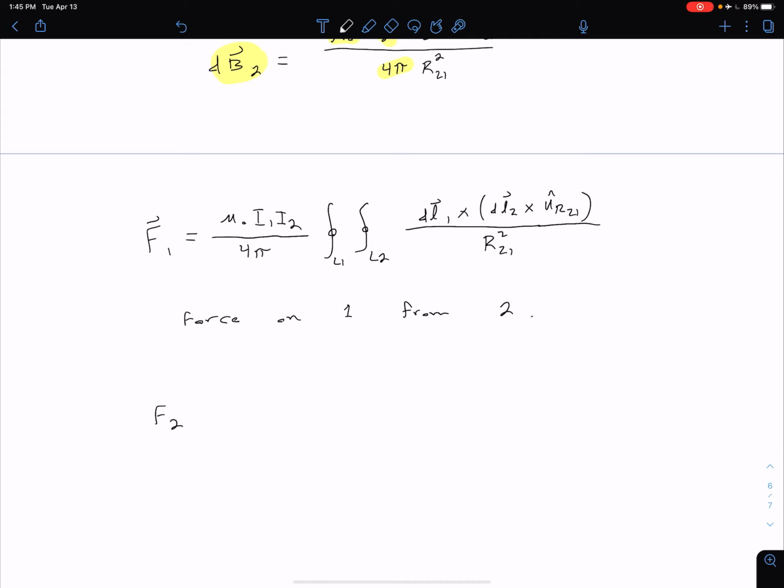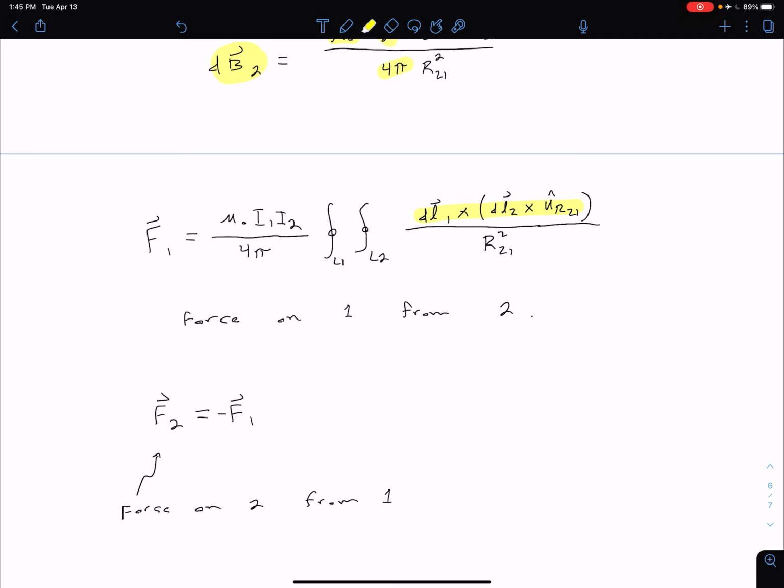But what we can see rather easily, instead of going through that whole process, is that our F2 is just going to be equal to negative F1. So this is going to be our force on 2 from circuit 1. And the reason that makes sense is, well, a couple of reasons. One is if we look at our cross product in this term up here, we're essentially just switching the order.